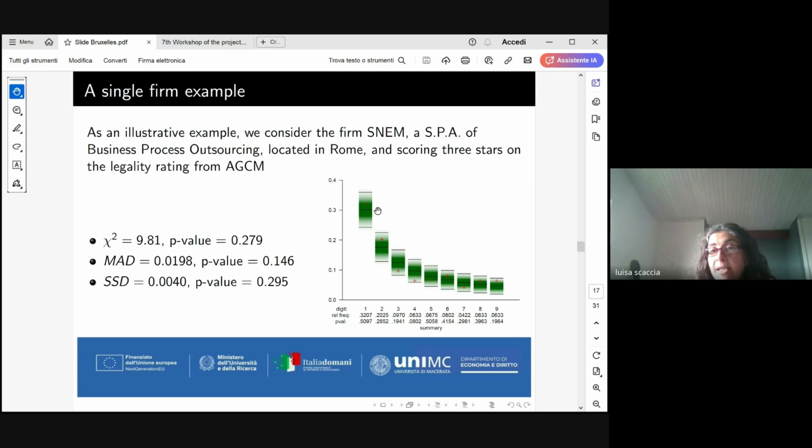So you can see that all the crosses in this case are well inside the confidence interval, meaning that we have no reason to doubt that the data have been manipulated.